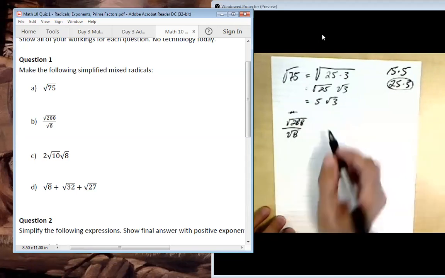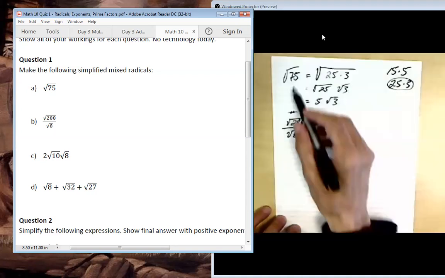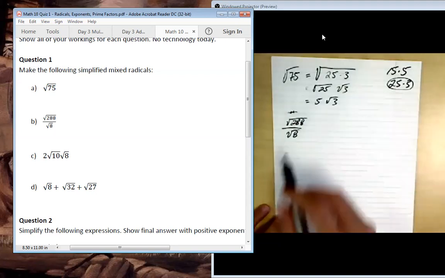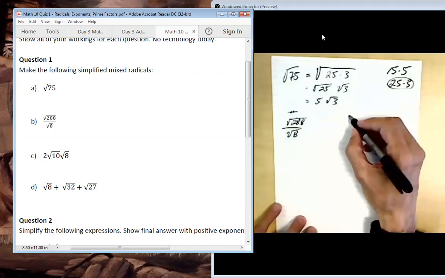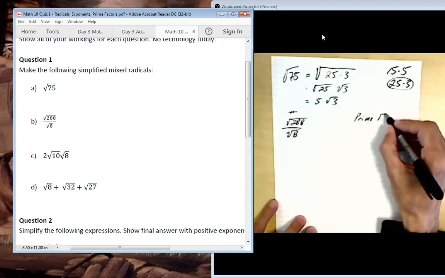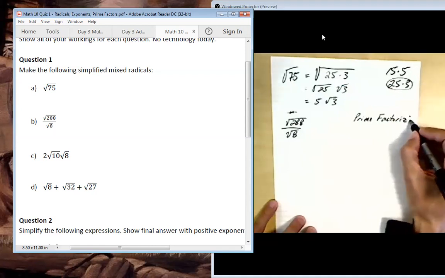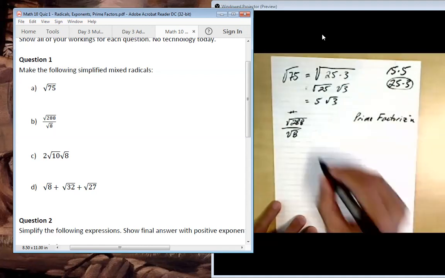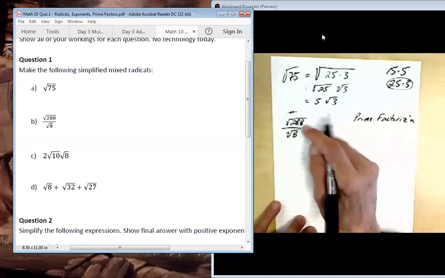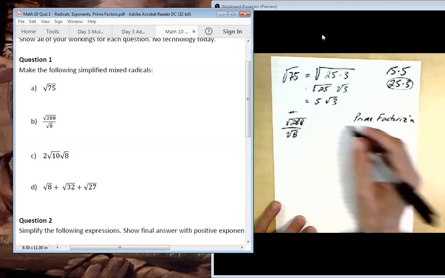Over root 8. So there's a couple of ways to do this one, just like that one. These numbers are getting big though, right? So maybe what we can do is use our other method, prime factorization. Okay, so we'll break down these numbers, cancel out what we can, and get a good looking final answer at the end.